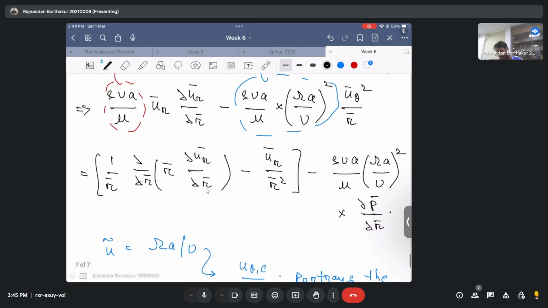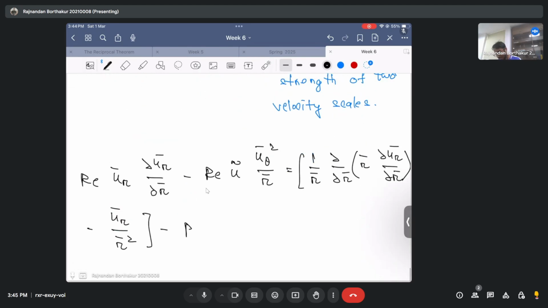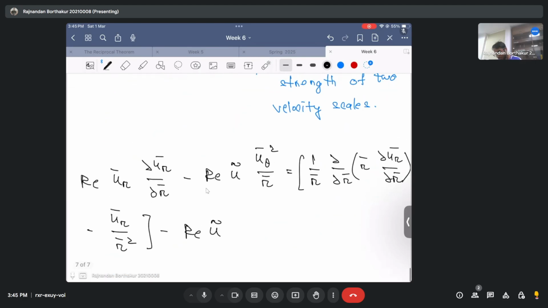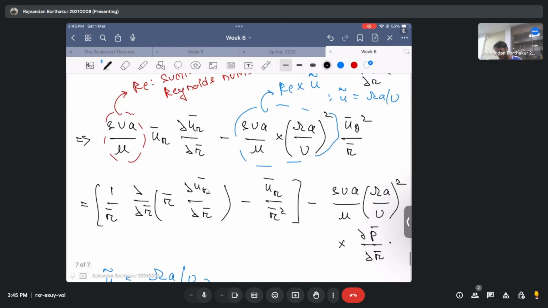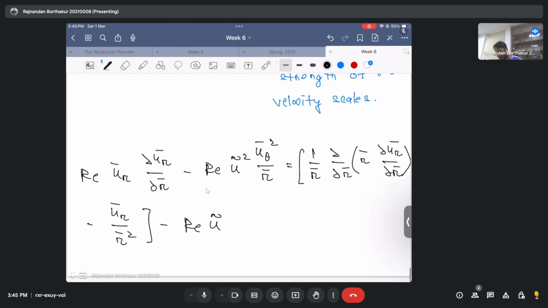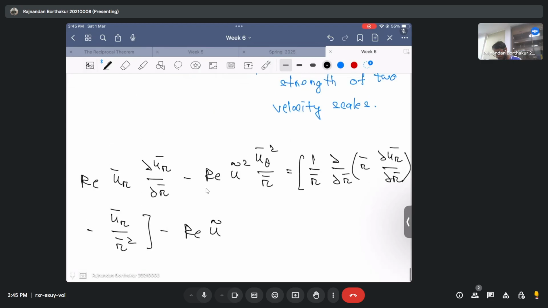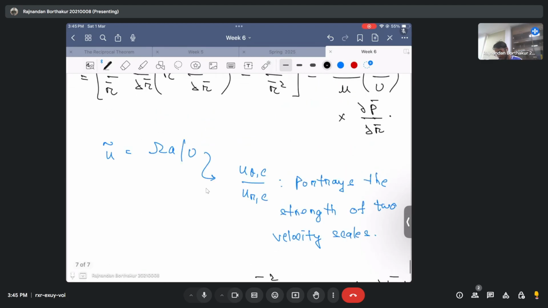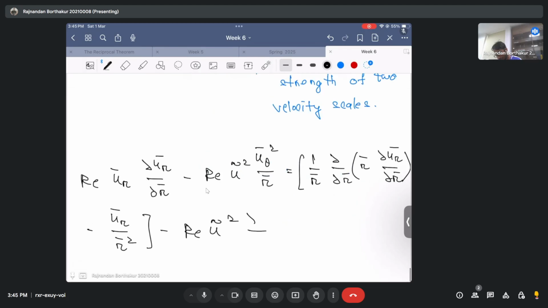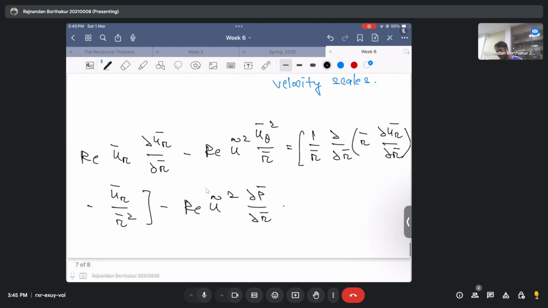And then again I have the term minus the suction Reynolds number times U tilde squared, because I have this omega a by U, times the pressure gradient, which is del P bar by del R bar. So that's it. That's the non-dimensionalized R momentum equation that we are asked to derive.